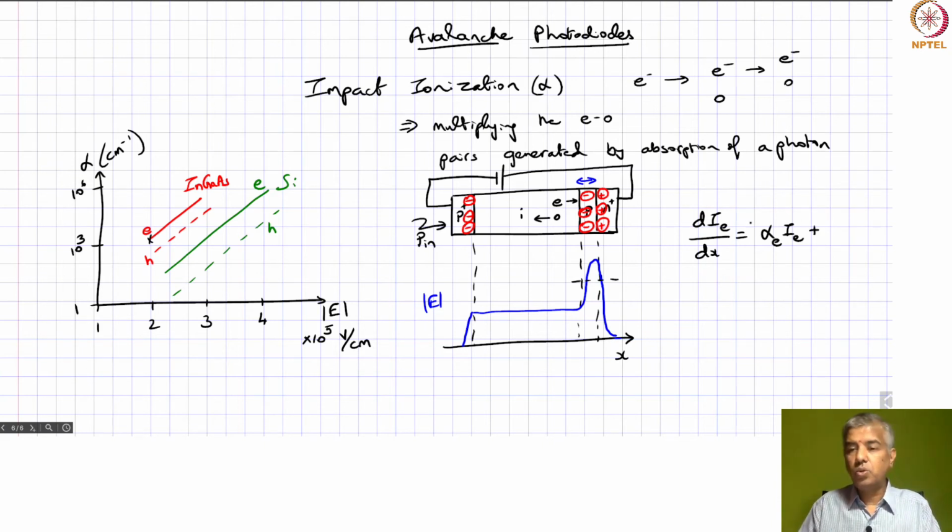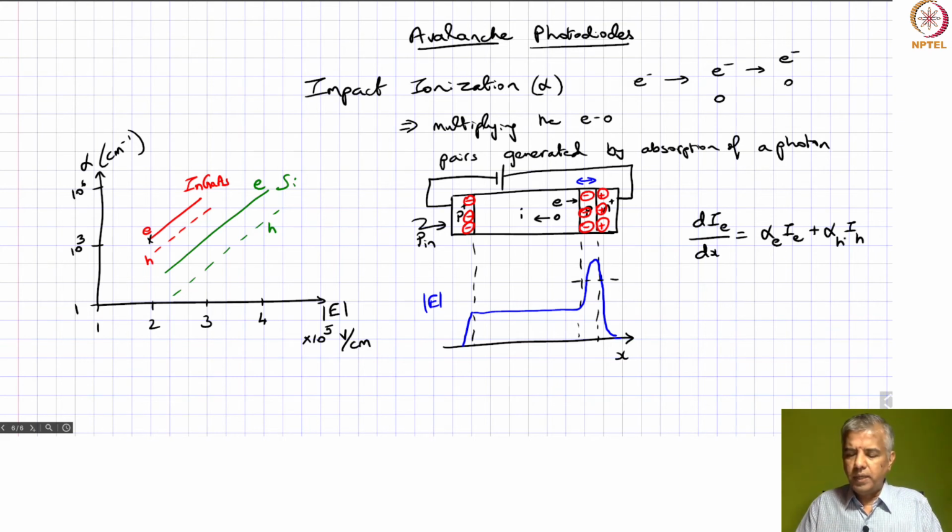Plus, you could also have electrons generated because of impact ionization of holes, so you could also have alpha_H times I_H. So that is also possible.